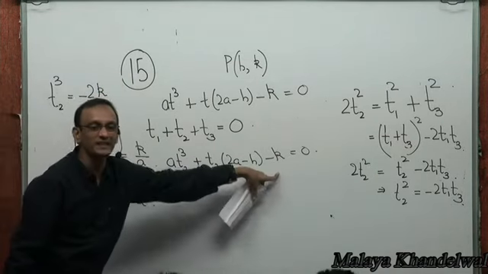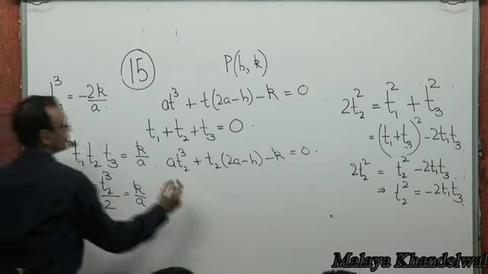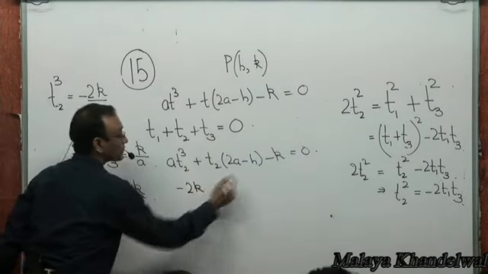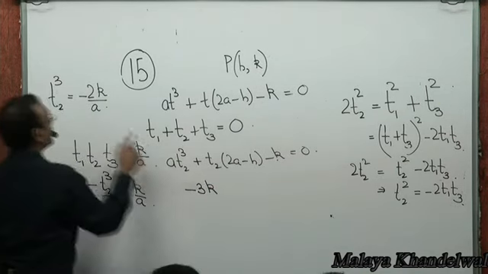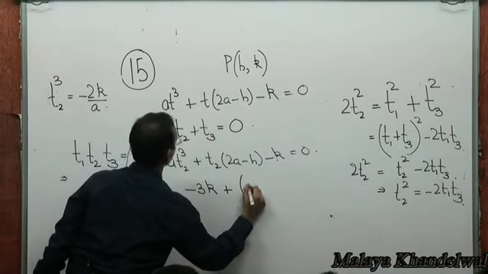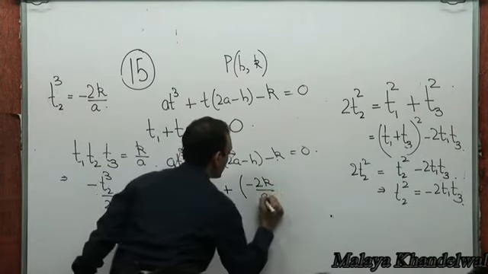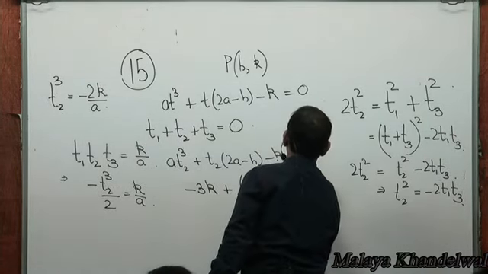So A T2 cubed is minus 2K. Minus K, so that makes it minus 3K. And then cube root of this: plus minus 2K by A whole to power 1/3 into 2A minus H is 0.